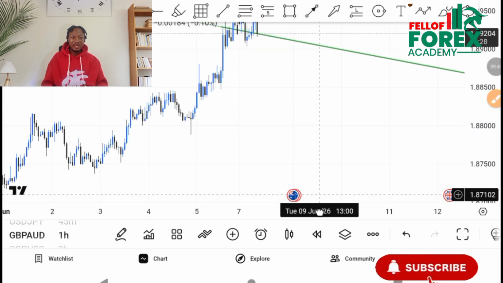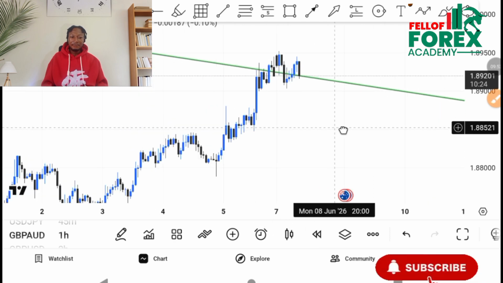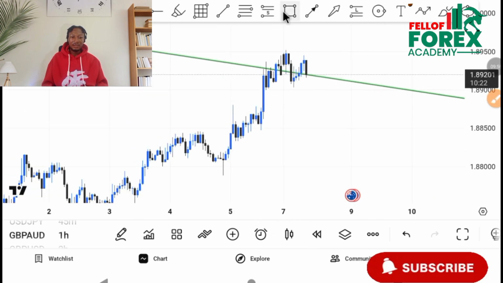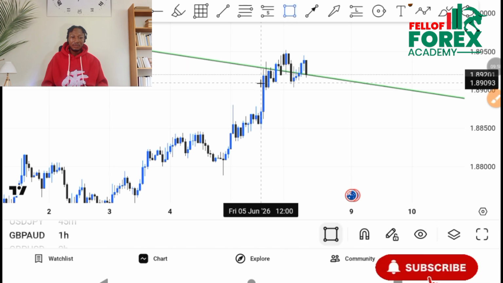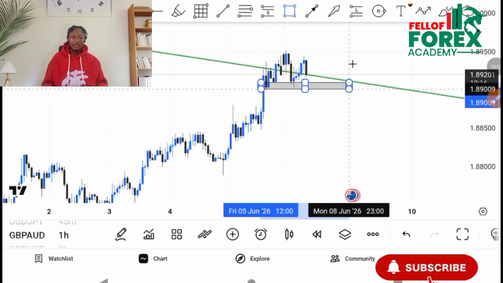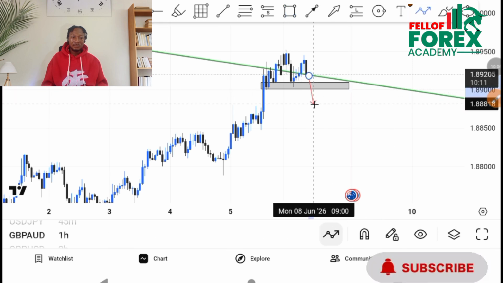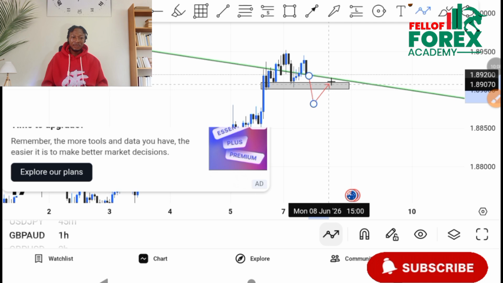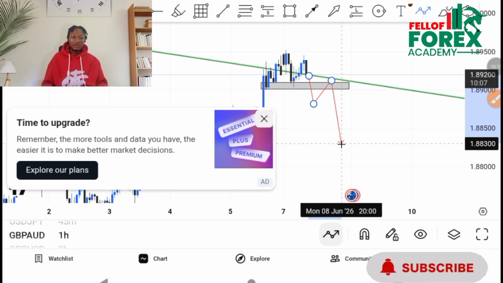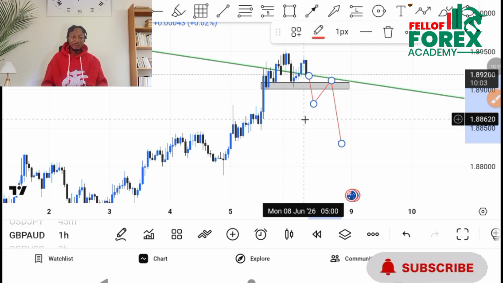So price is creating something like a head and shoulder, and if price breaks the neckline, you can have a short counter trend setup. Okay, so if you have something like this, price comes down, then you wait for a retest to continue till you get the daily and 4 hours fib level.